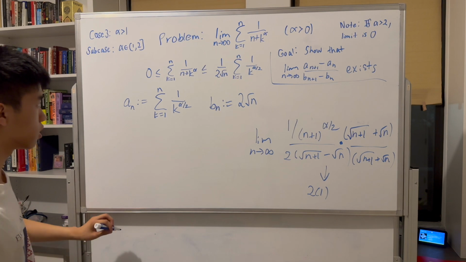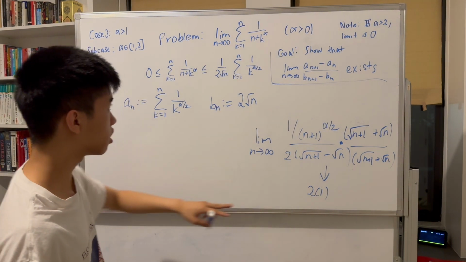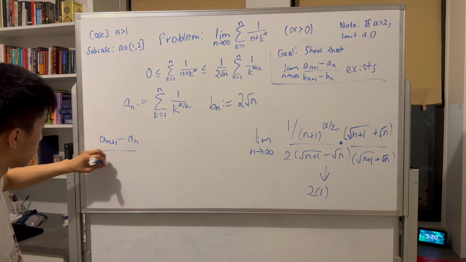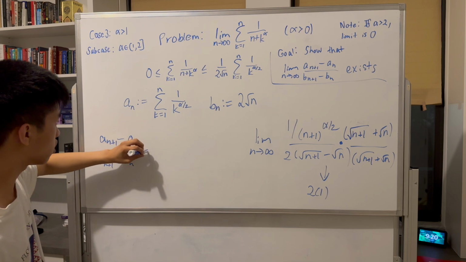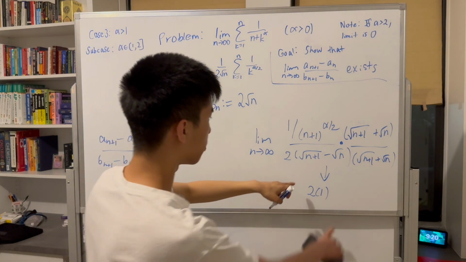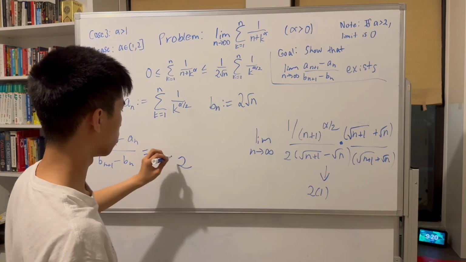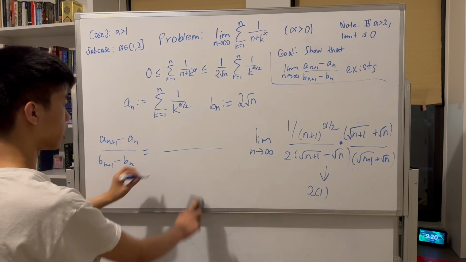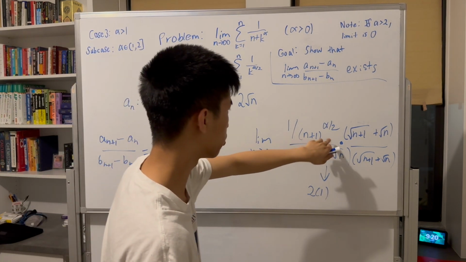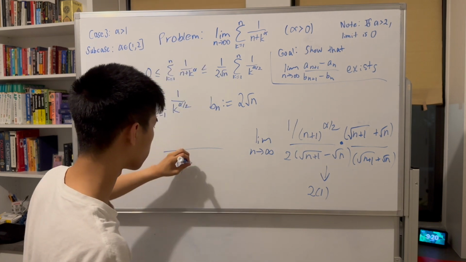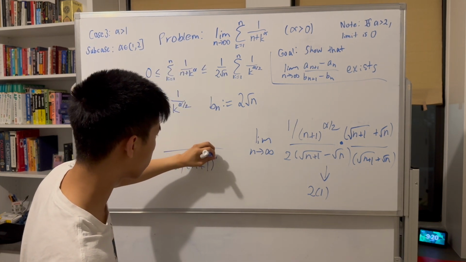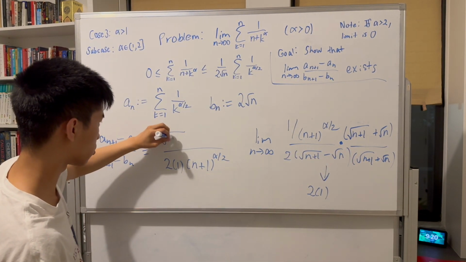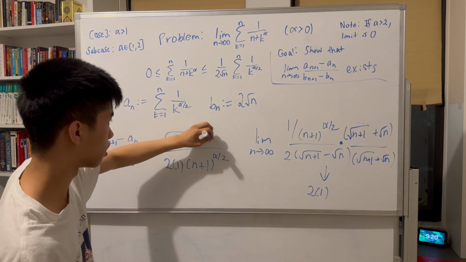So a of n plus 1 minus a of n over b of n plus 1 minus b of n equals, since the bottom term just goes to 1, 2 in the denominator times n plus 1 to the alpha over 2 power, and then in the numerator we get square root of n plus 1 plus root n.